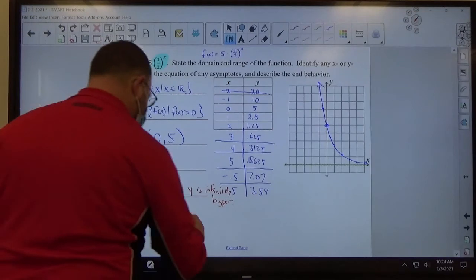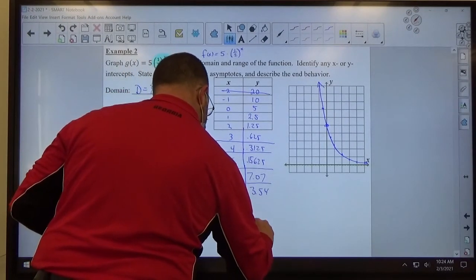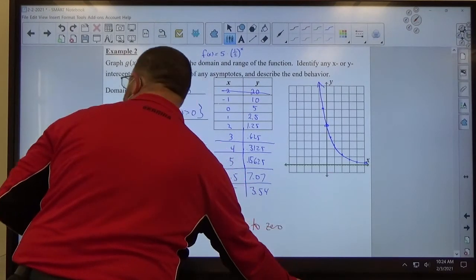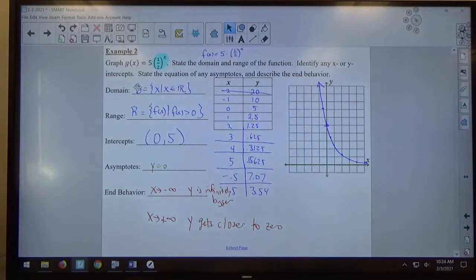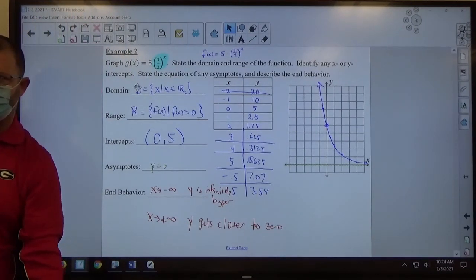Y gets closer to 0. Your end behavior is going to look like that in exponential functions. One way is going to get closer to some number. The other way is going to get either infinitely bigger if it's going towards positive infinity, or infinitely smaller if it's going towards negative infinity.